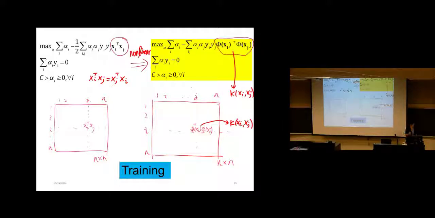So the computation in the linear case is O(p) times n quadratic over 2, but because it's constant, you can cancel it and not show it. And in the nonlinear case, for most of the kernels we use, each k(xi, xj) also costs O(p), which is the same as the linear case: O(p) times n quadratic over 2.